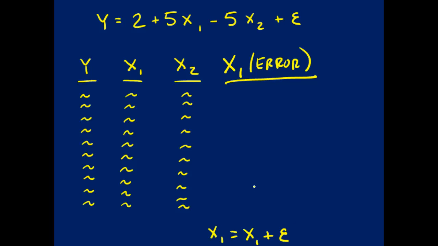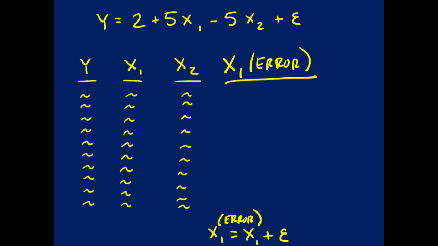And this is just to create a variable that simulates what we have when we have measurement error. The true value of x1 is something, but what we see is a measure of x1 measured with error. So x1 error represents that kind of variable.